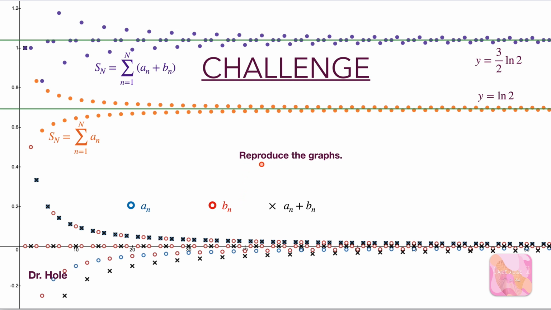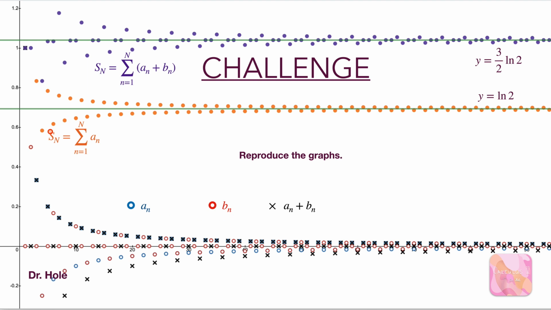So your challenge is to reproduce this graph where the ANs are the alternating (-1)^(n+1) over n. The BNs are you multiply the ANs by 1/2 and then interject zeros. And then the black x's are the sum of the ANs and the BNs.